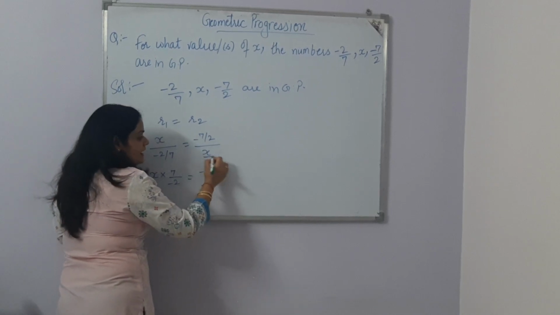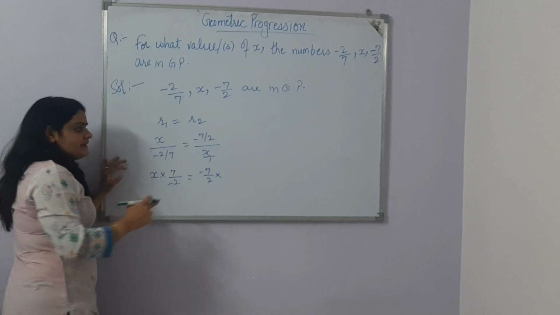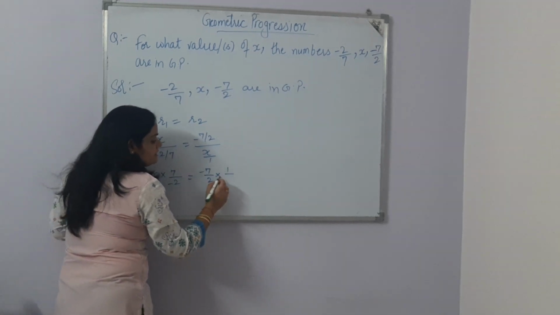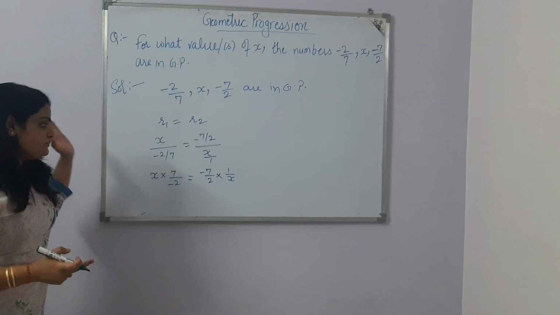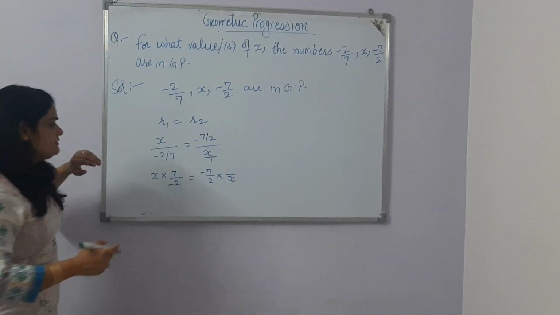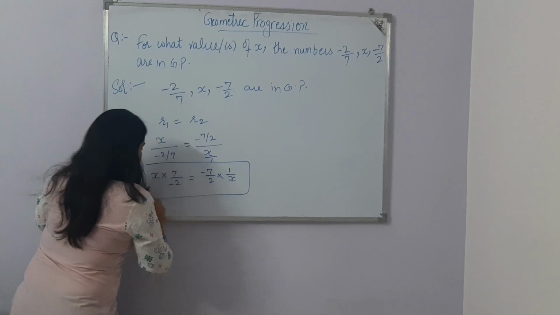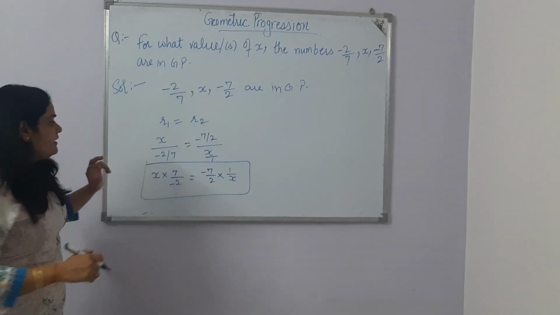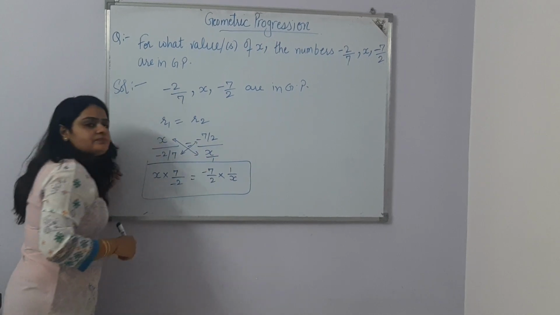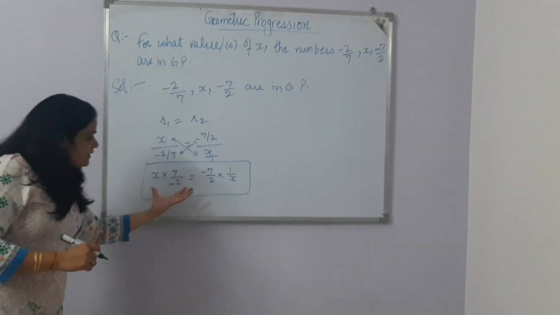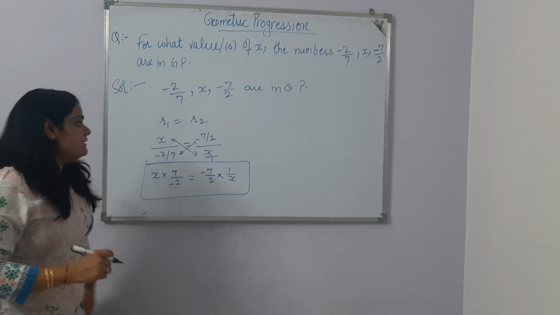Again, x can be written as x/1, so in multiplication it becomes 1/x, reciprocated. Or if you are not understanding this, you can calculate by directly cross multiplying. This is one of the easiest methods.